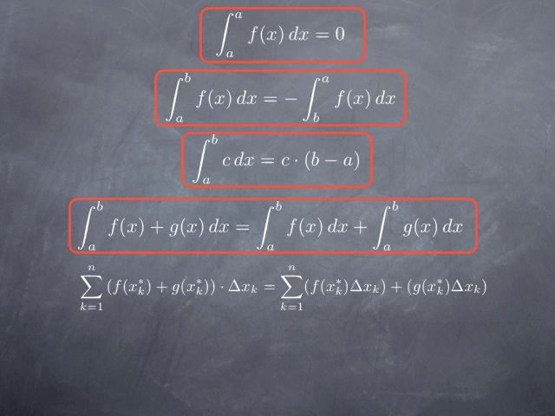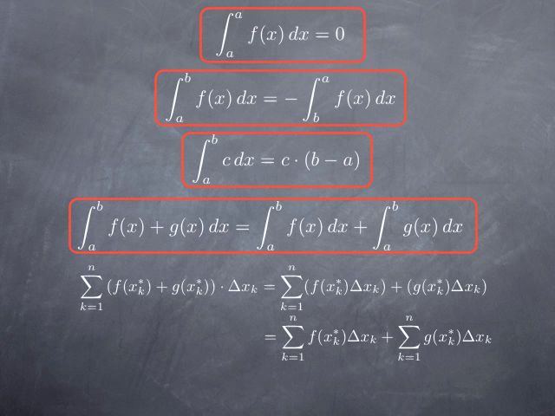Of course I can distribute inside the sigma sign, and I get the sum of f(x_k*) times delta x_k plus g(x_k*) times delta x_k. But since I have a finite sum of such terms, I can write it as the sum of two Riemann sums.